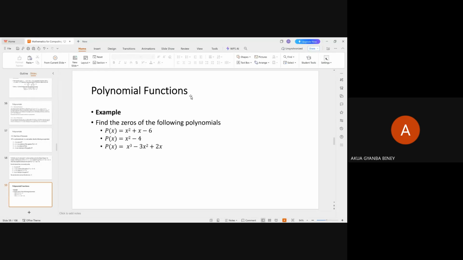If you put minus 3 in there, this will give you 9 minus 3, minus 6, which is 0. So the zeros of the first one are x equals 2 and x equals minus 3.